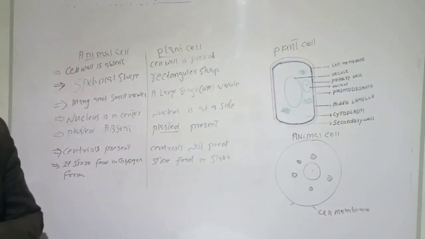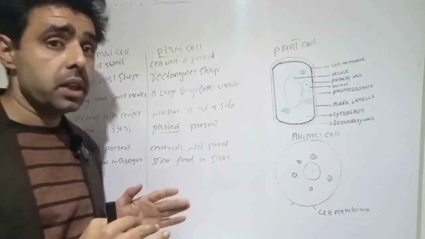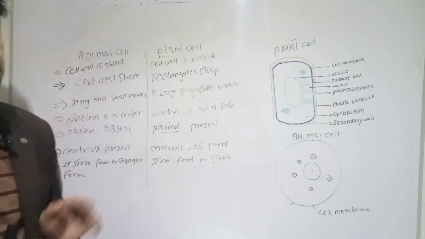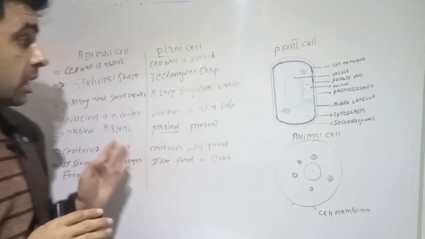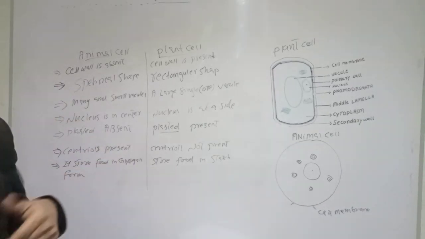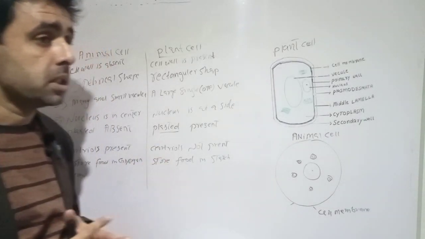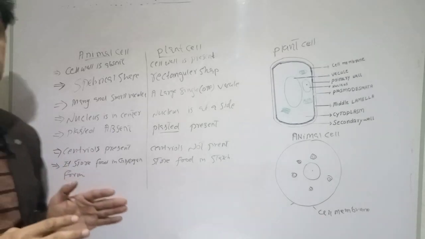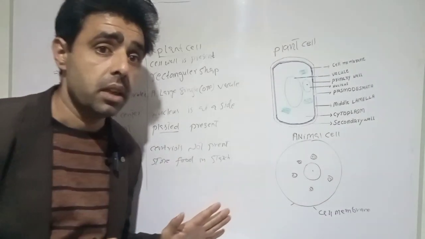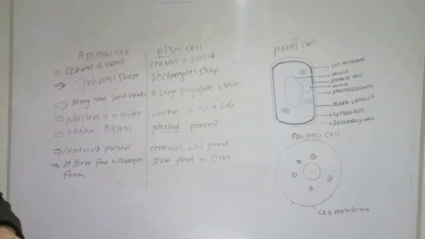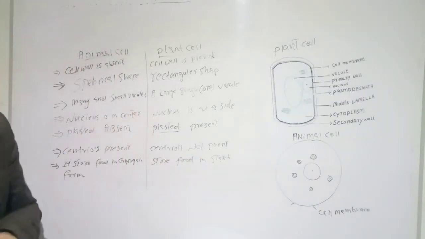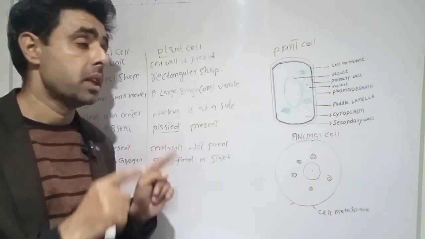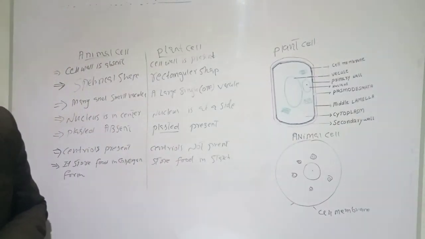The plant cell is rectangular, while the animal cell is round. There is a cell wall in the plant cell, while there is no cell wall in the animal cell. Plastid is present in the plant cell, plastid is not present in the animal cell. Vacuole is large and one in the plant, and in the animal it is many but small.